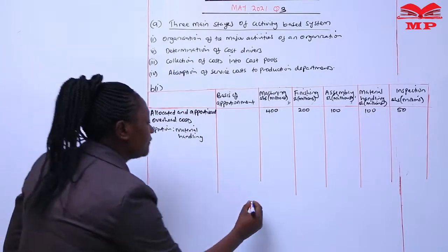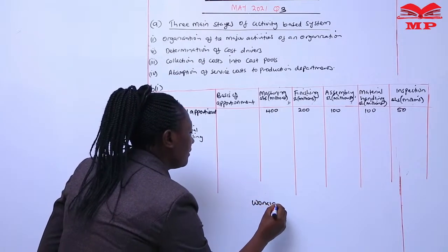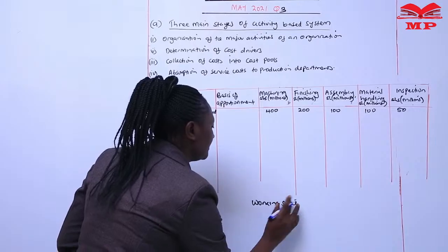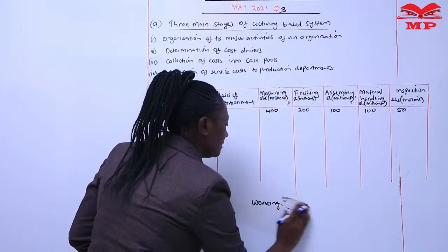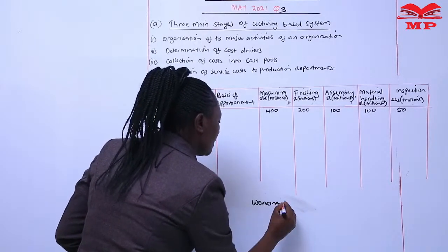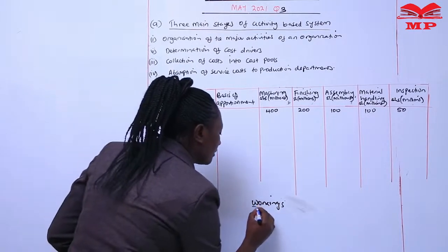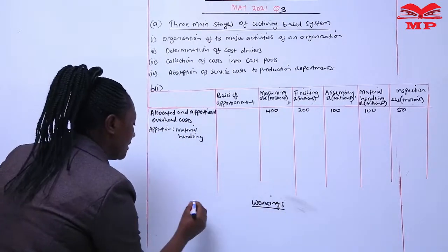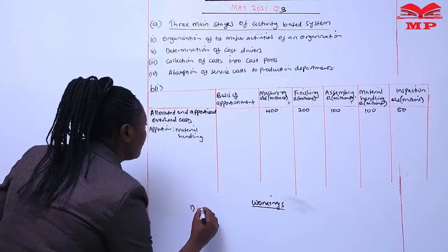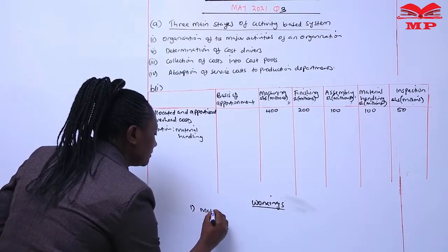I'll use this for our workings. Sorry, workings. And this is working number 1. Basis of apportionment for material handling.